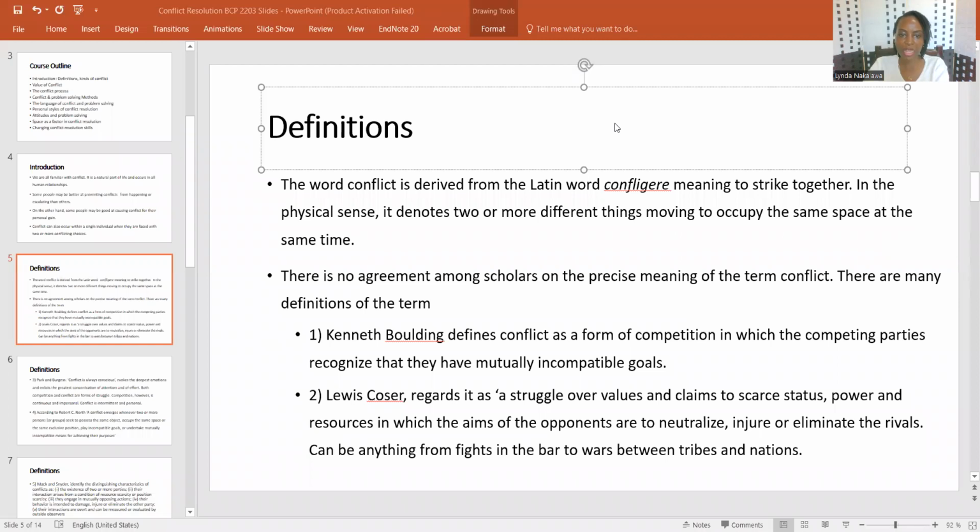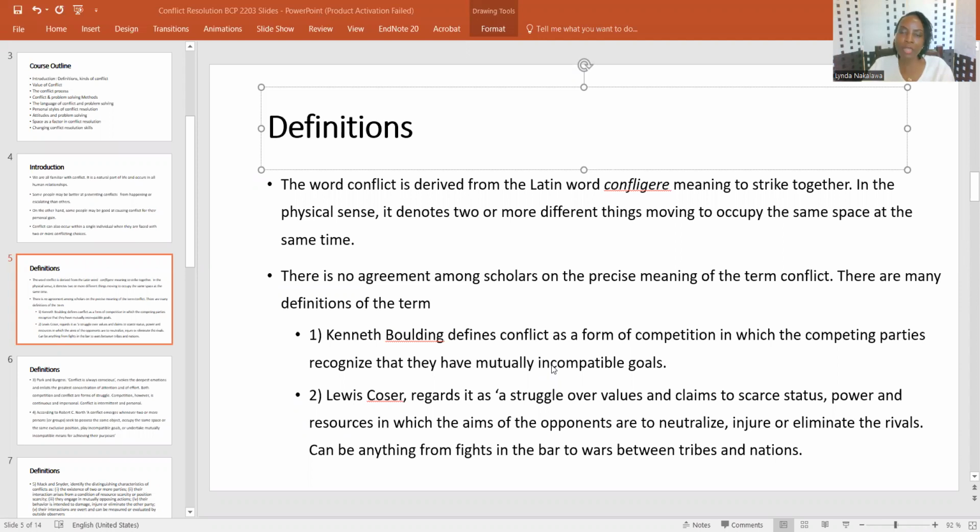That is very good. So going back to our notes, Kenneth Boulding looks at conflict as a form of competition in which the competing parties recognize that they have mutually incompatible goals.